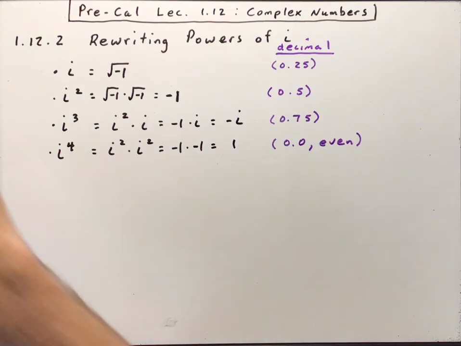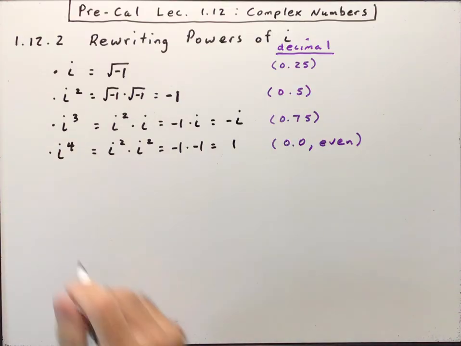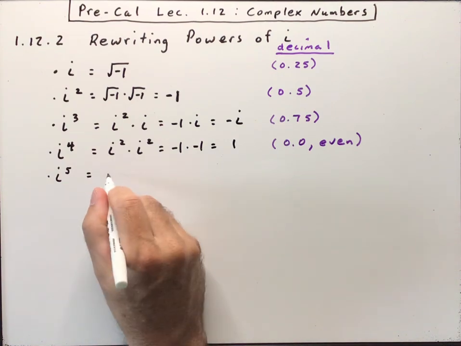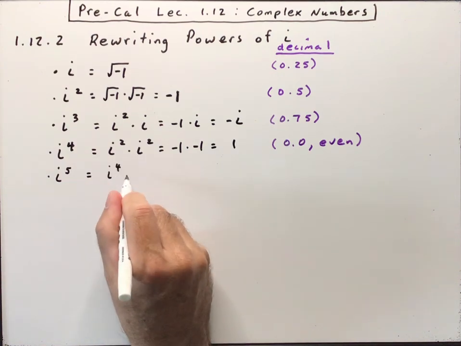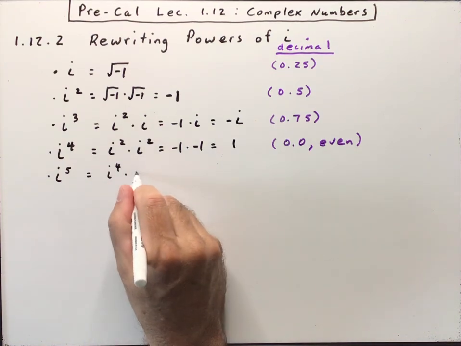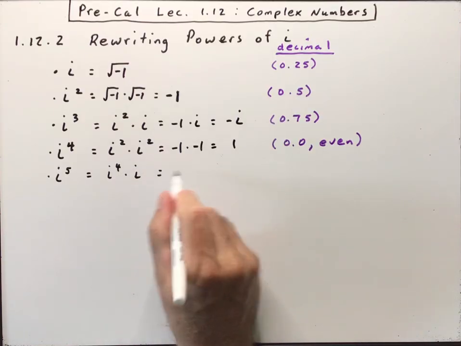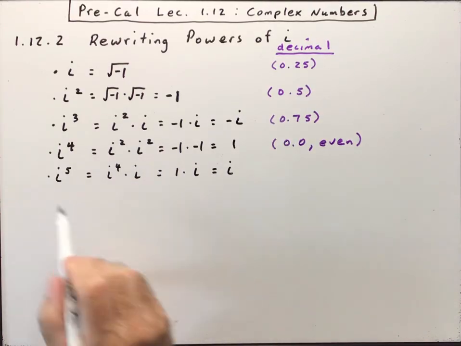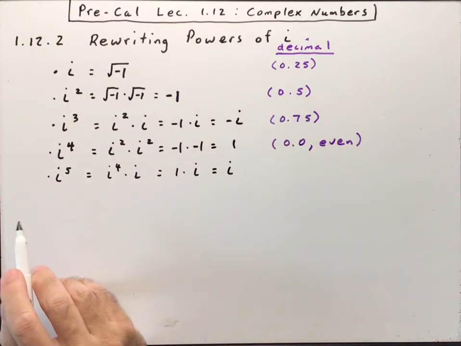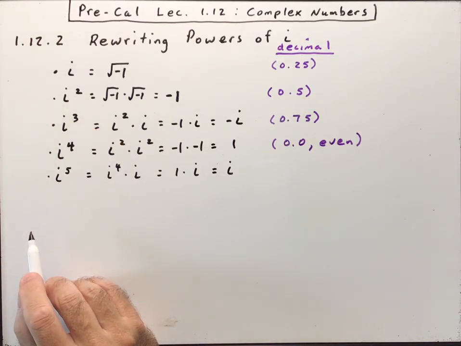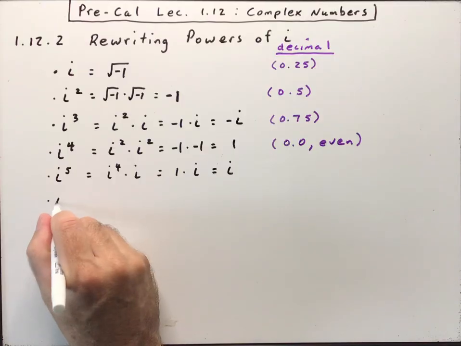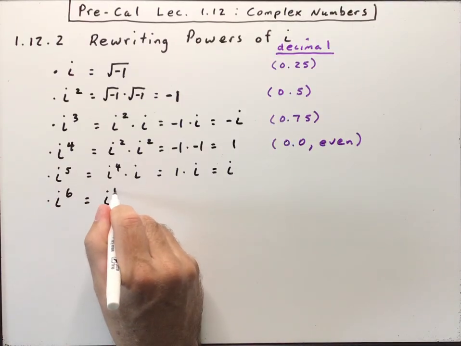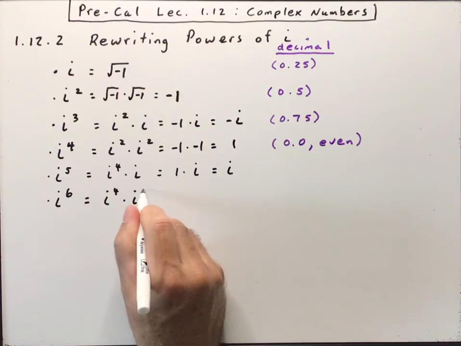So let's keep going. What's i to the fifth? Well, that's going to be i to the fourth times i, and that's going to be 1 times i, which is just equal to i. So you see i to the fifth is the same as i. Okay, and then i to the sixth is i to the fourth times i squared.